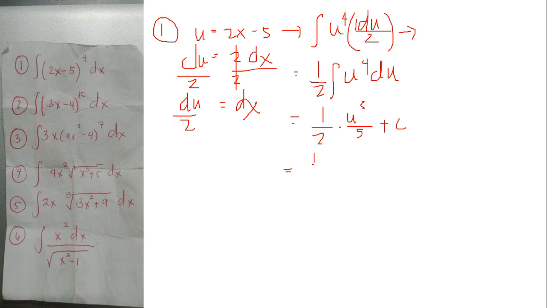So 1/2 times 1/5 is 1 all over 10. Then yung u natin dyan, 2x minus 5 raised to 5 plus c.